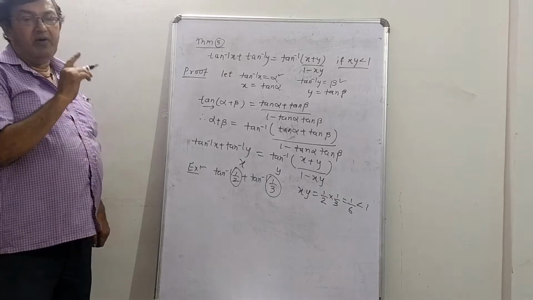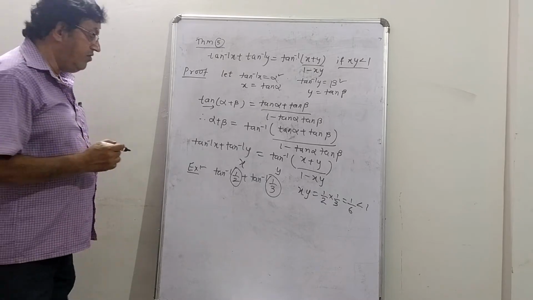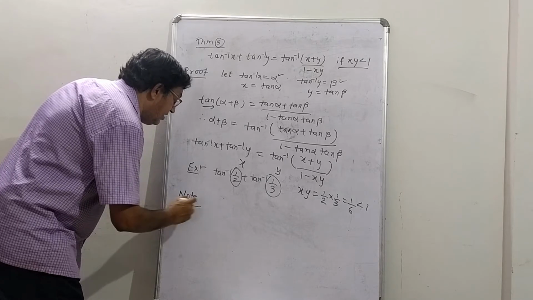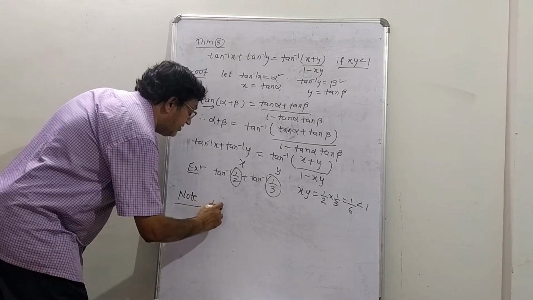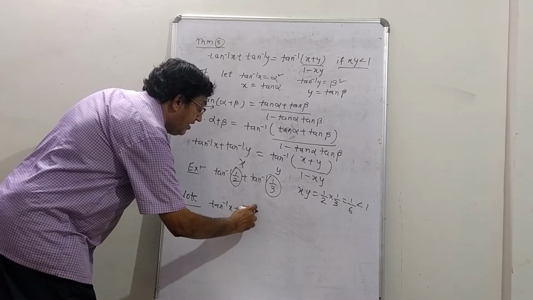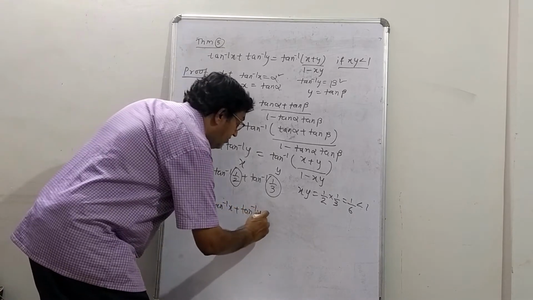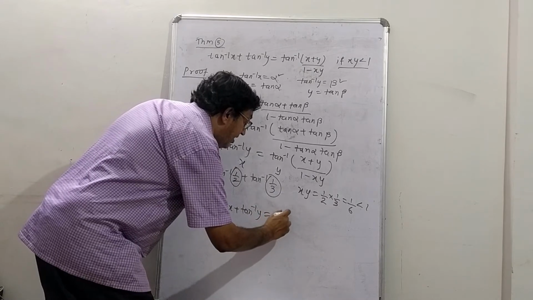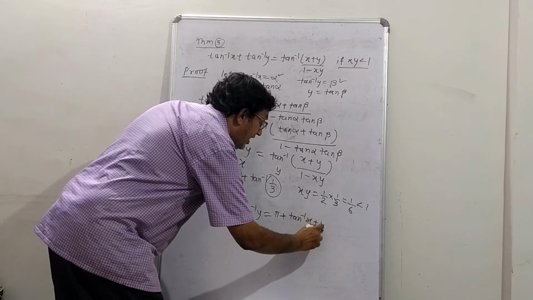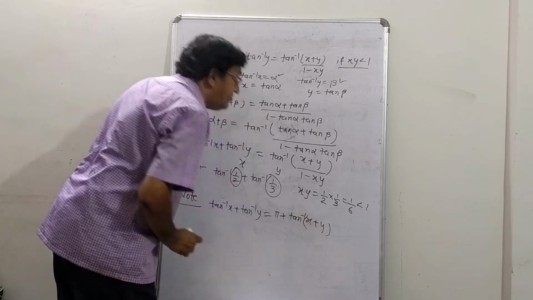Then there is one more part here, which I will give as a note. So I will write here note. That is tan inverse of x plus tan inverse of y equals, I will write, pi plus tan inverse of (x plus y) divided by (1 minus xy).